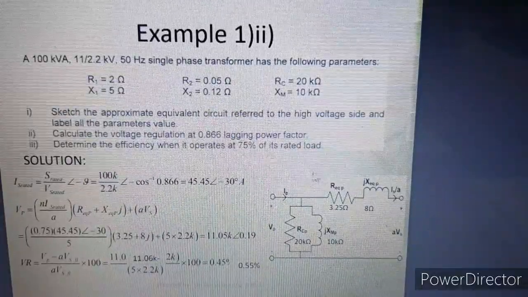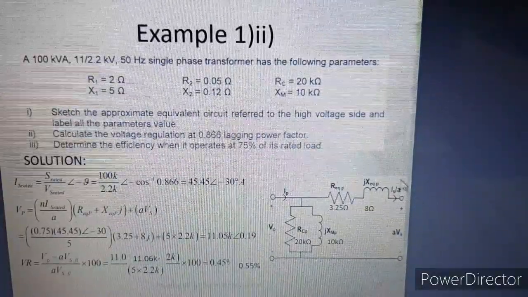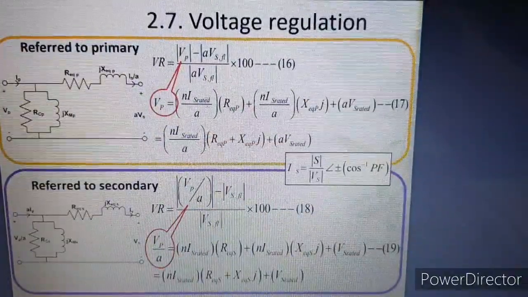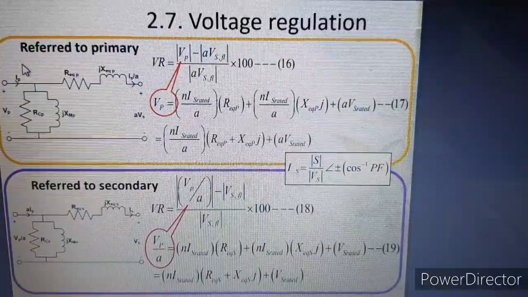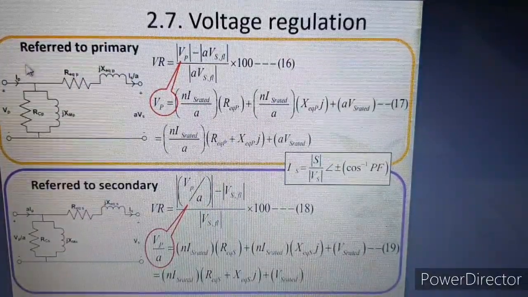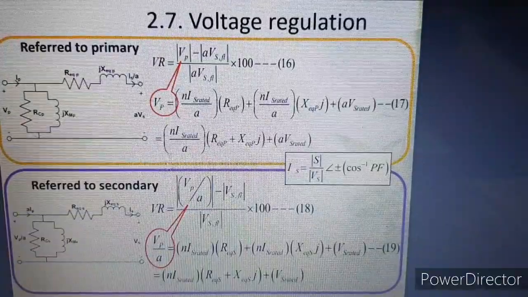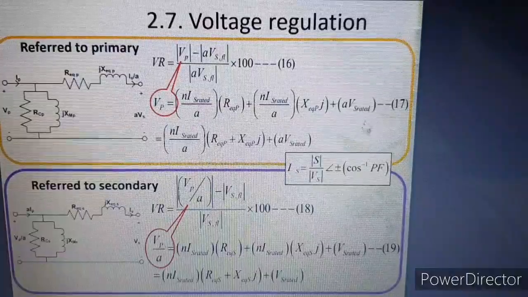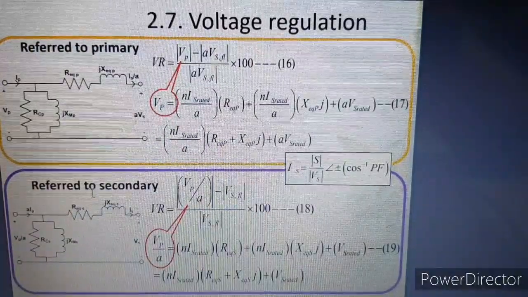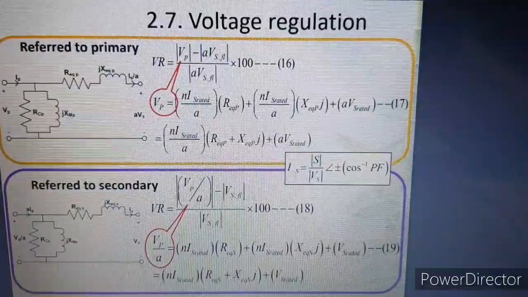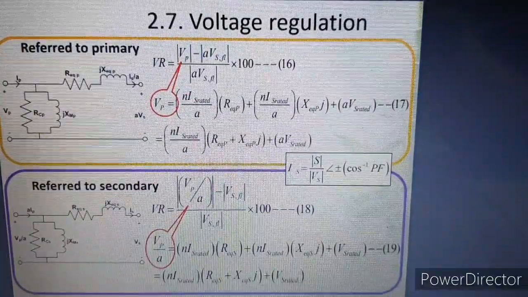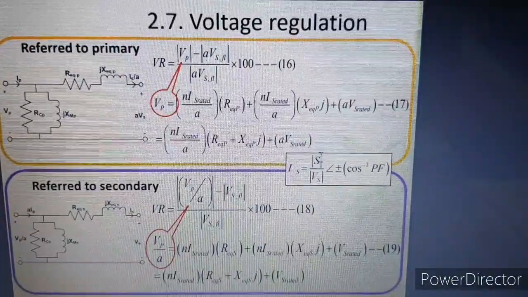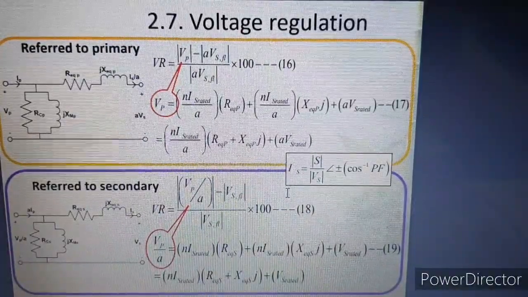Now, since we only have referred to primary, before that I forgot to mention, if student A is using referred to primary approximate equivalent circuit along with the equation, while student B is using referred to secondary approximate equivalent circuit along with the equation, the final answer for VR for student A and student B should be the same.